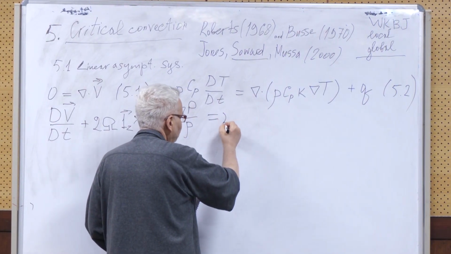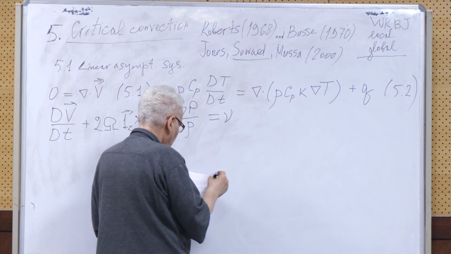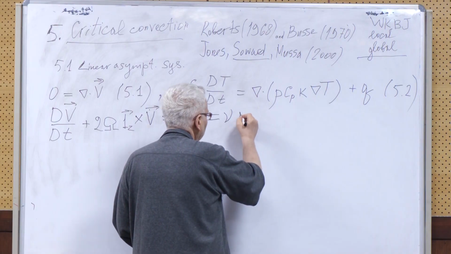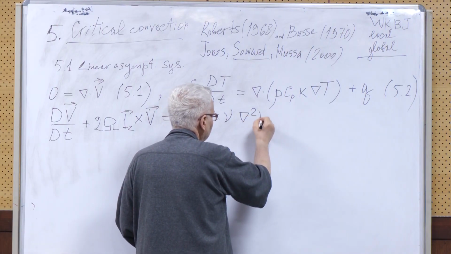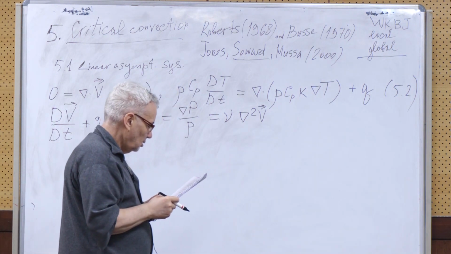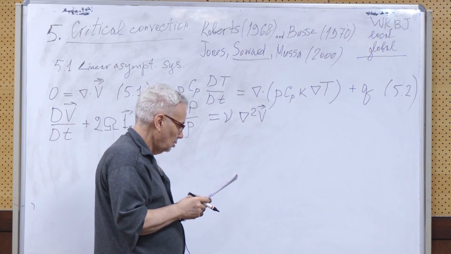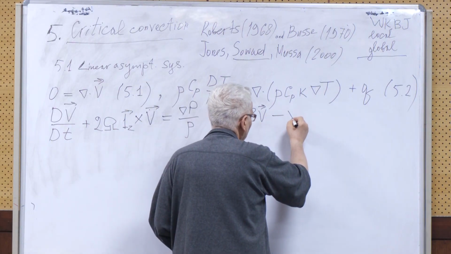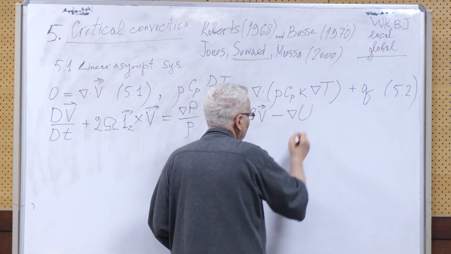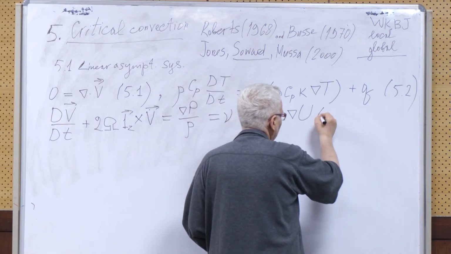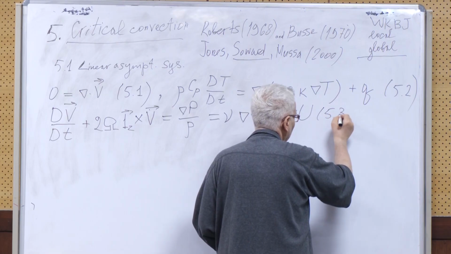We leave only the Laplacian one. This is the kinematic viscosity nu, and there is the Laplacian of V. Okay, and the remaining term is the gravity potential. So it's 5.3.